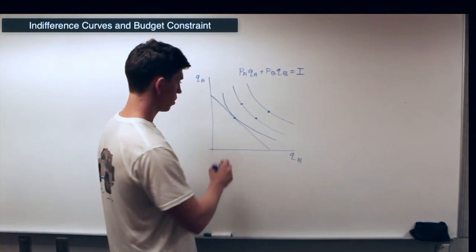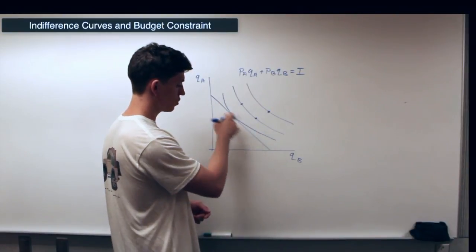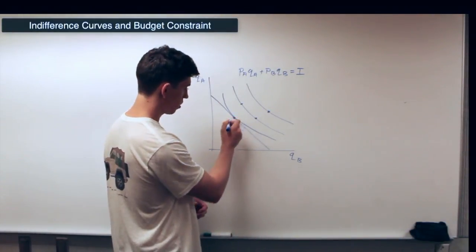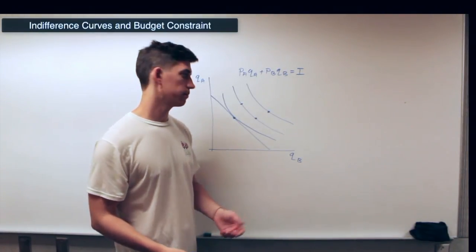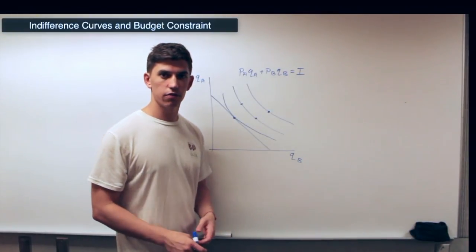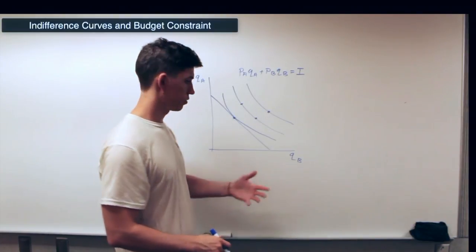This bundle here, where our indifference curve just touches the budget constraint, is our optimal bundle. I'm going to go through an actual example of finding this point, but that's the general theory behind what we're doing.